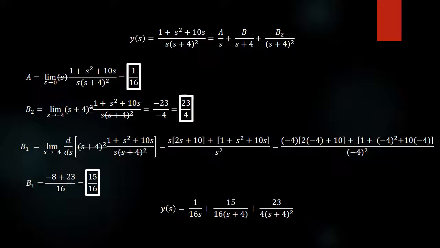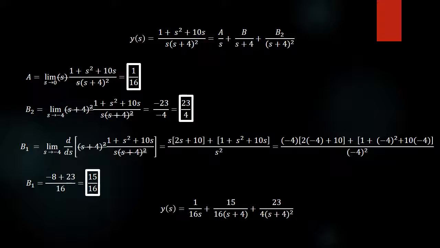To know the first value, the value of A, we apply the limit when s tends to 0 of s times the partial fraction, and the term of s is eliminated. Then we substitute the value of 0 in our partial fraction, and we obtain that the value of A is 1 over 16.